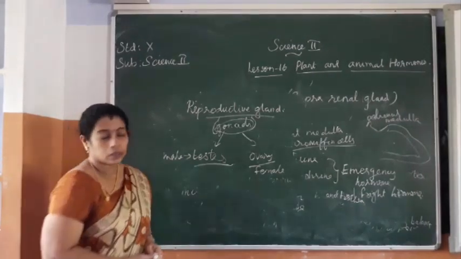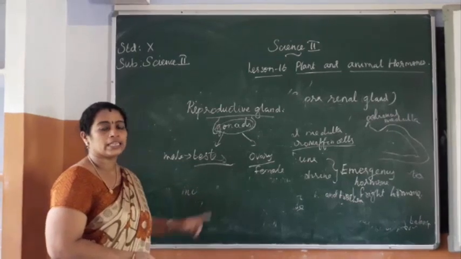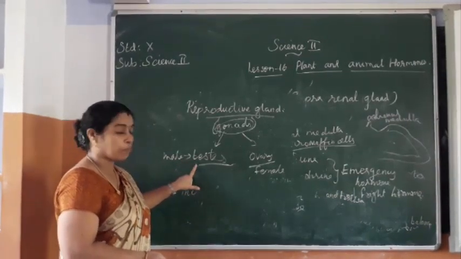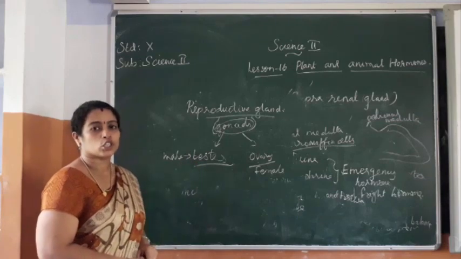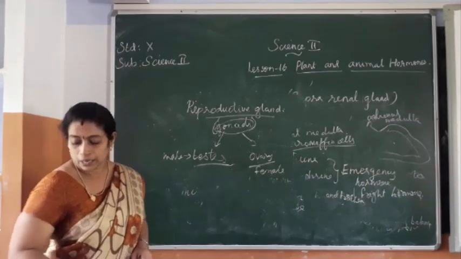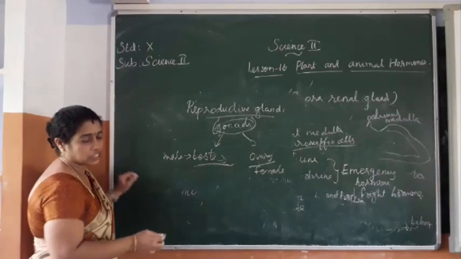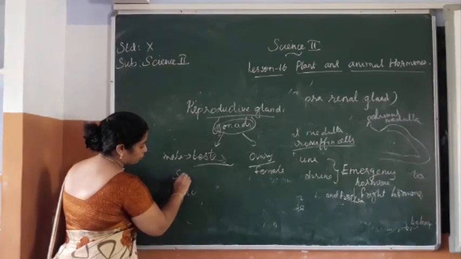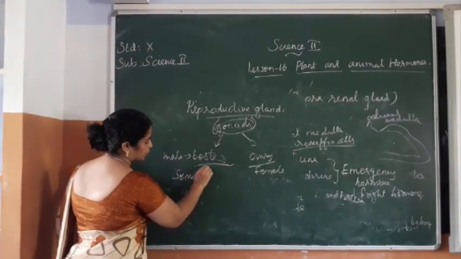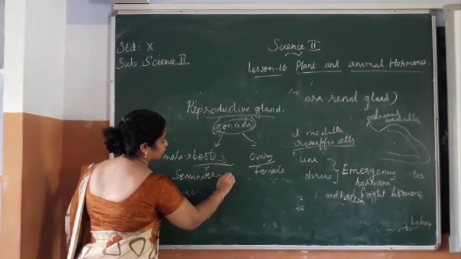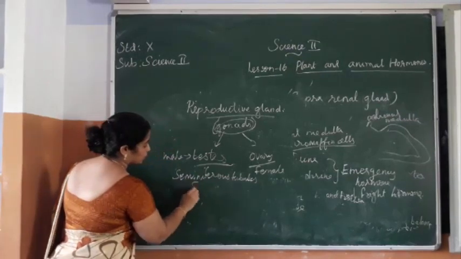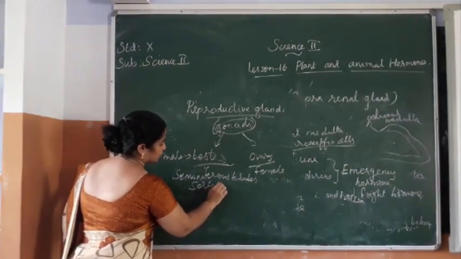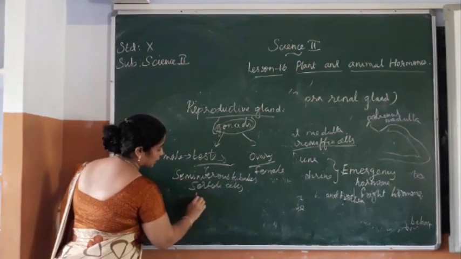So testes, as I already told, is the reproductive part of the male. It consists of three types of cells: seminiferous tubules, Sertoli cells, and Leydig cells.